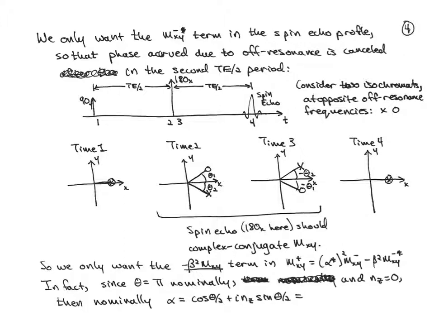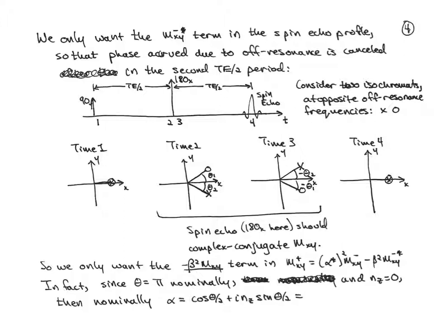That is, if we do a proper pancake flip with our 180-degree refocusing pulse, then we will have complex conjugated the transverse magnetization from the first TE over 2 period, such that all the phase that's accrued due to off resonance in that period is canceled with the phase that's accrued due to off resonance, which will go in the same direction in the second TE over 2 period.